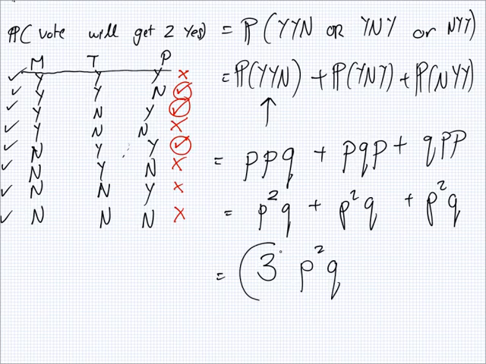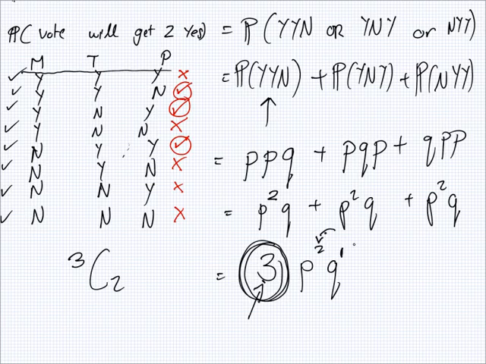Now, actually, we've seen the number 3. The reason that this is a 3 here is because there's 3 possibilities. But we learned in the last class how to work out how many possibilities there are. So if you have a group of 3 people and you want to choose 2 of them voting yes, how many ways is that? 3C2. So that's the reason it's 3 there. Why is the power 2 here? Because you want 2 yeses.